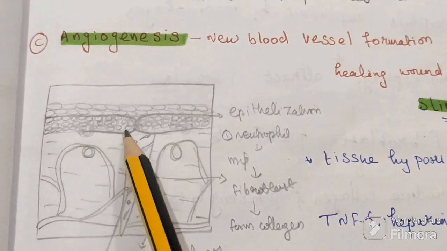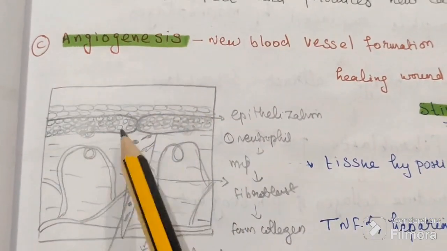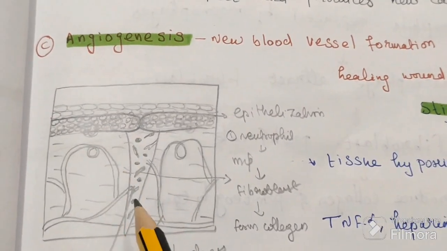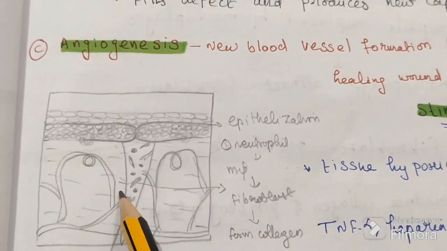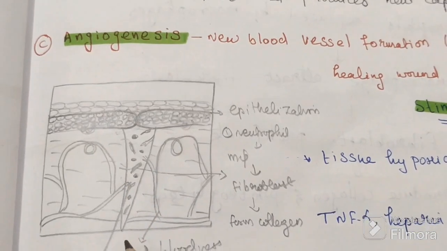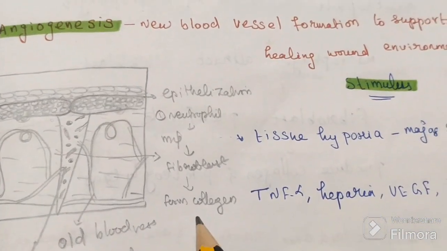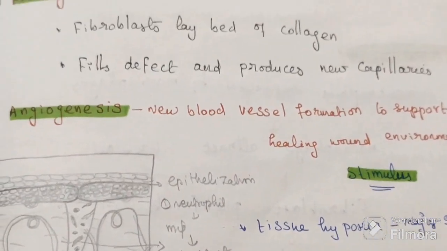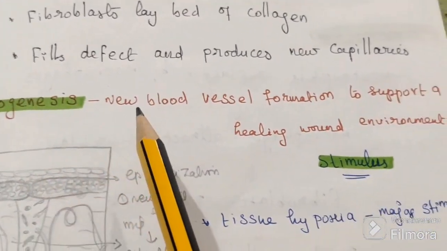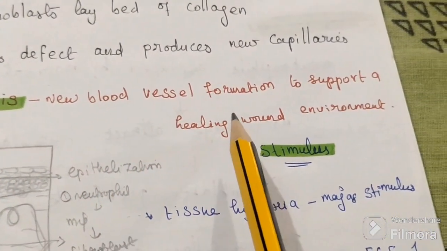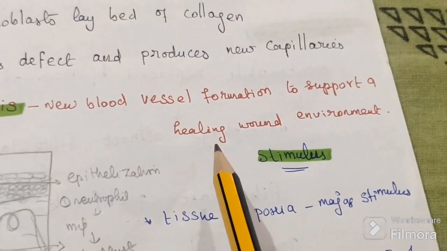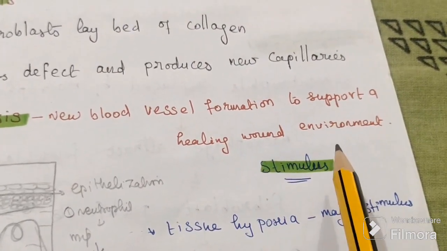So the epithelium moves and meets at the center, spindle-shaped fibroblasts come and form collagen, then angiogenesis, new blood vessels, forms in the third step and supports the healing wound environment.